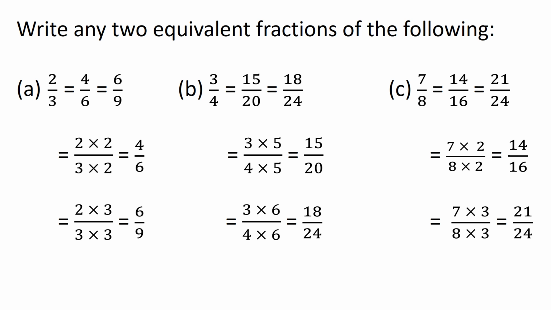C. 7 upon 8. First, I have multiplied both the numerator and the denominator with 2, and for the second, I have multiplied both the numerator and the denominator with 3. So, 7 upon 8 is equal to 14 upon 16 equal to 21 upon 24.